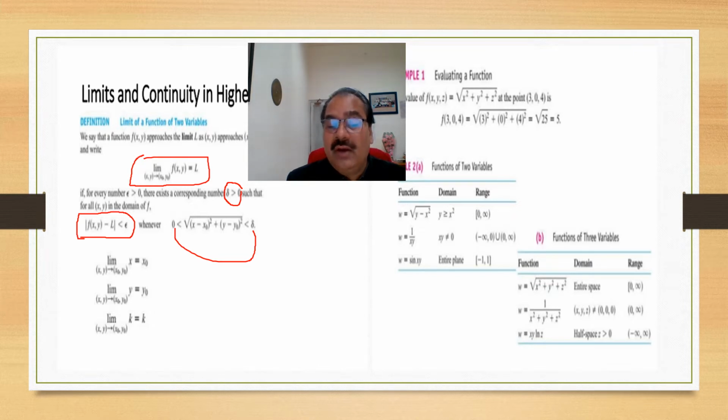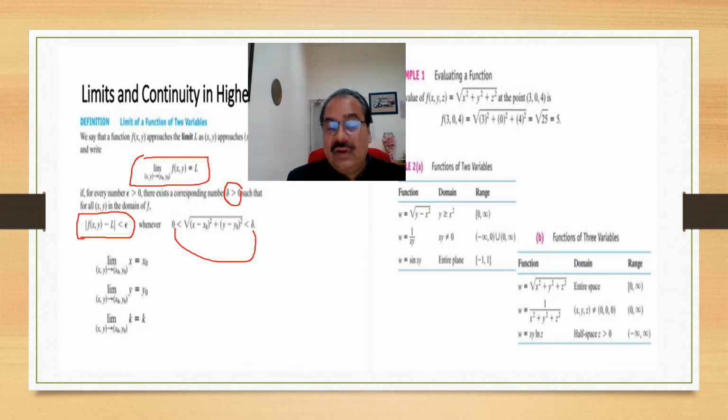The example is here, for functions of two variables; there are a few problems. w is always a function of x and y. Suppose the function is w equal to the square root of y square minus x square. Then the domain is, of course, y should be greater than or equal to x square, and the range is the interval 0 to infinity.